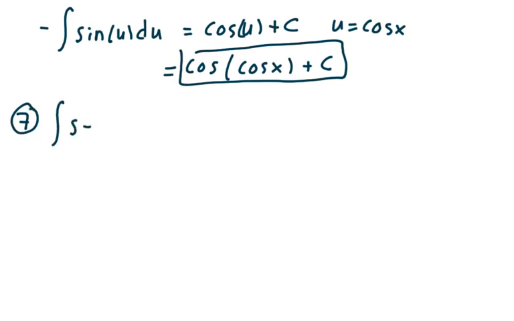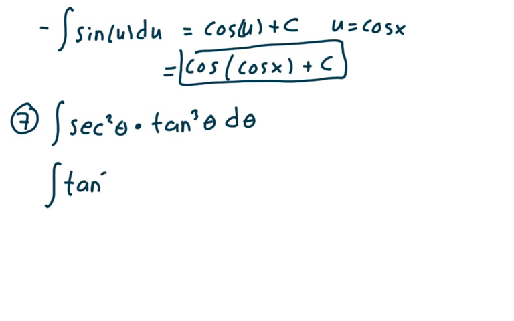Suppose we have the integral of secant squared theta times tangent cubed theta d theta. Now, remember, the derivative of tangent theta is secant squared theta, okay? So I'm going to write it in this format, if you will.